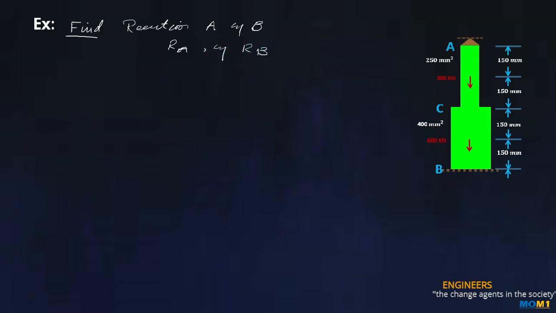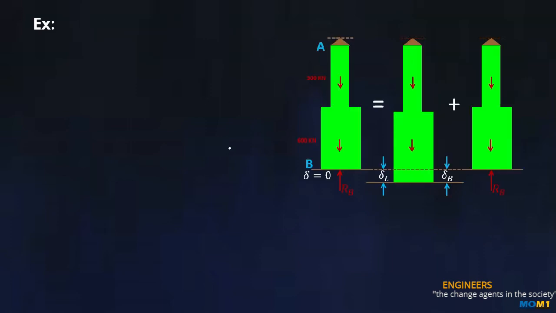To do that, we consider that the component is without the support at B, and as a result we use the redundant reaction RB.